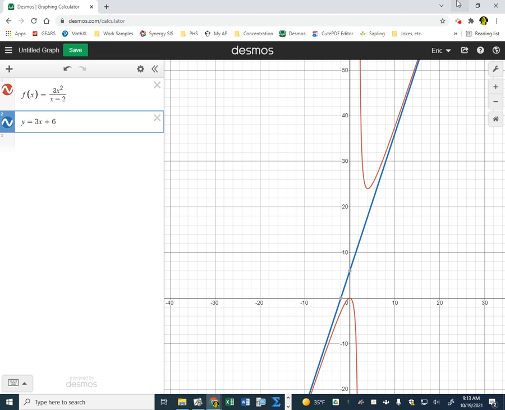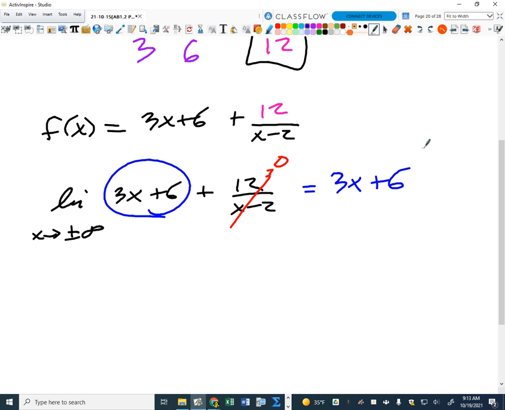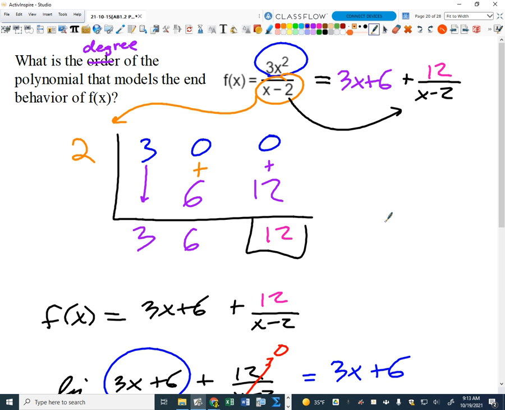Okay, while we're at it, let's go back to this one. Are there any other asymptotes that would help me out here? Look at f of x. Okay, so what happens at 2? At 2, x equals 2 is a 0 of the denominator, but not the numerator.